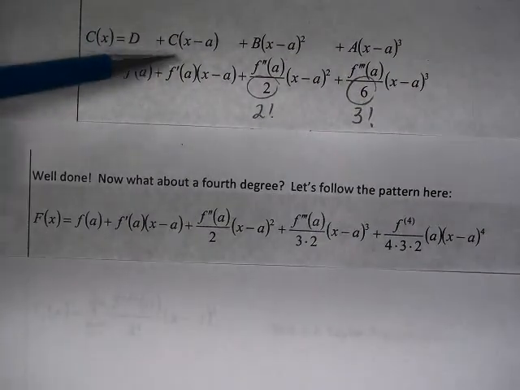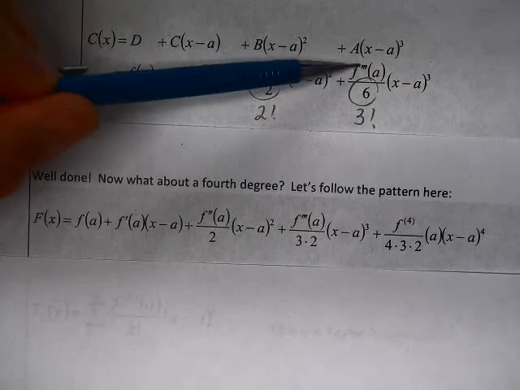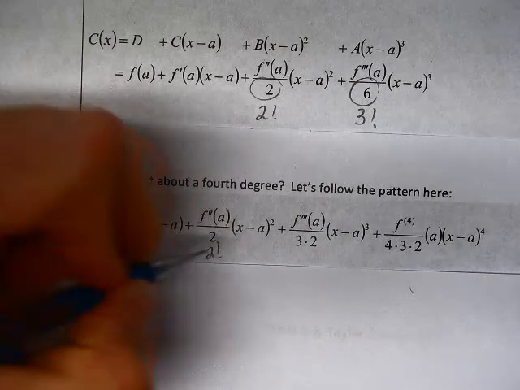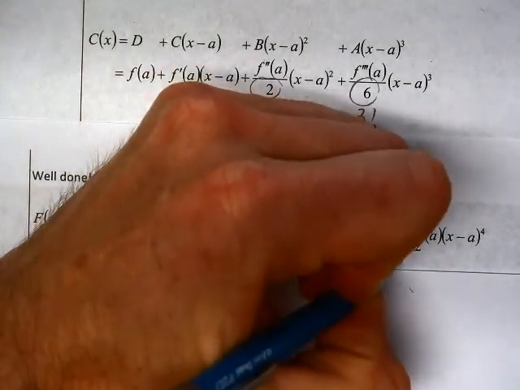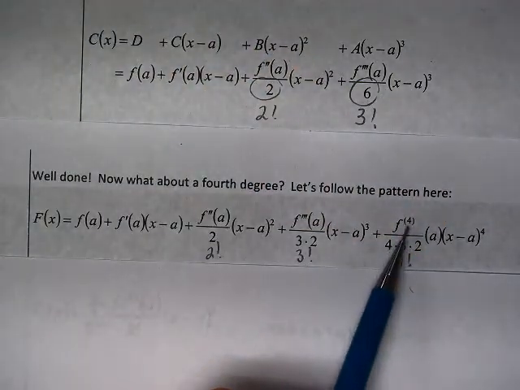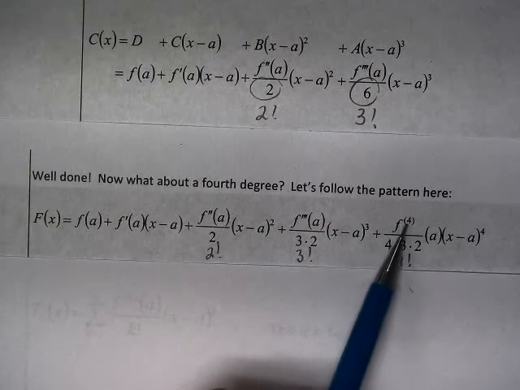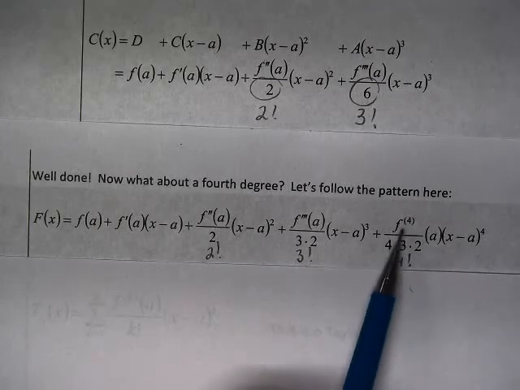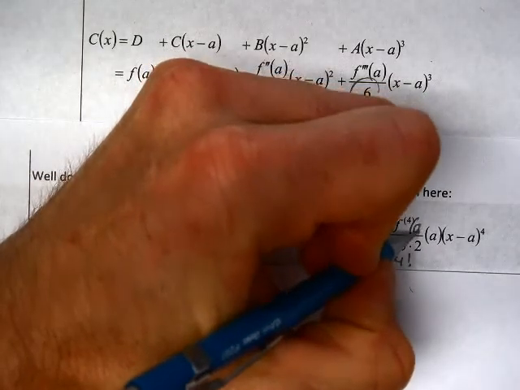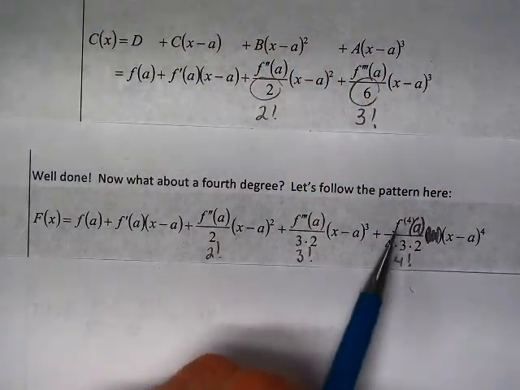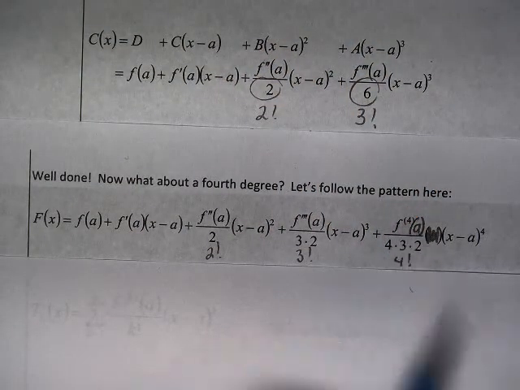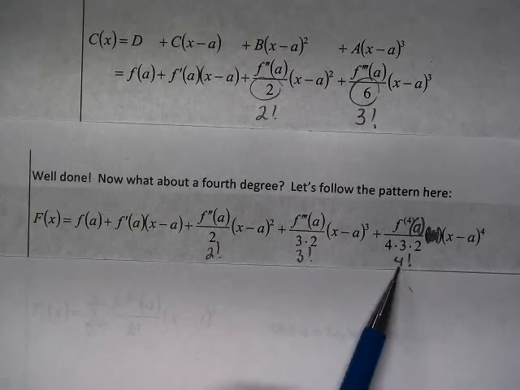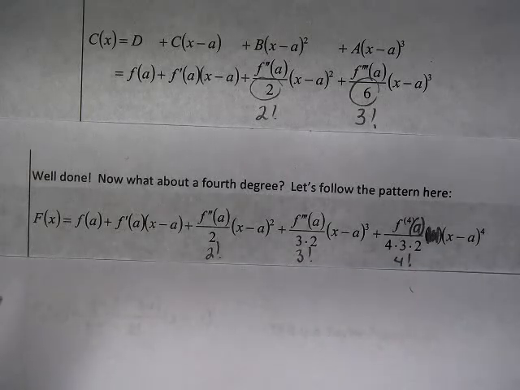So we have second derivative over 2 factorial, third derivative over 3 factorial, fourth derivative. I'm going to use this parenthesized 4 as the fourth derivative of f at a, over 4 factorial, times (x minus a) to the fourth.